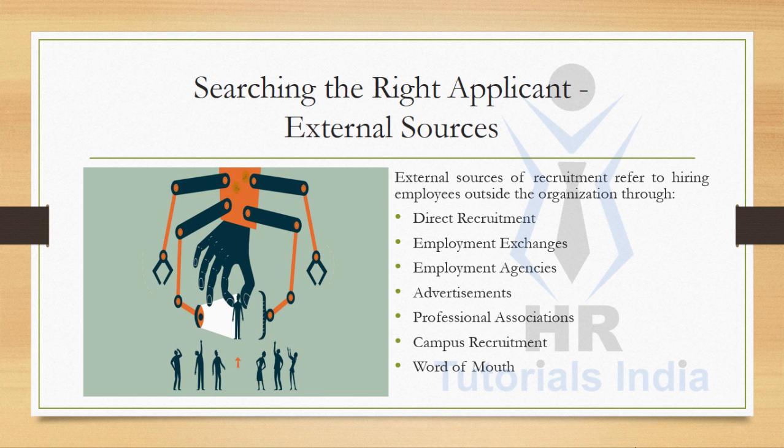Direct recruitment is recruiting resources directly by the company without any intermediaries. This can be done through daily walk-ins, or the job posting can be done on the company website where the applicants will apply and can be contacted directly and recruited.